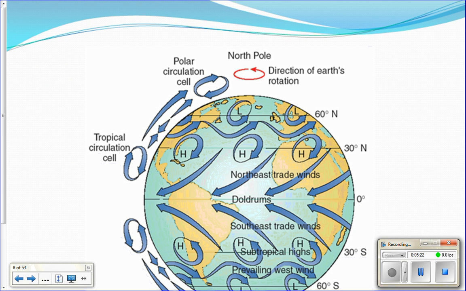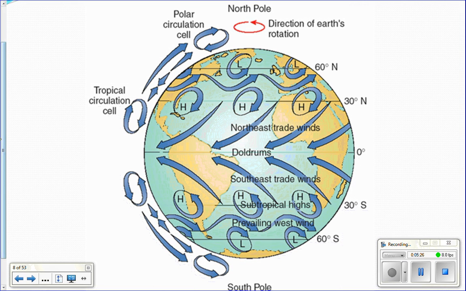This picture here is to help you see a more realistic view of what the winds look like on Earth. It's not that nice, pretty three convection currents per hemisphere. The wind patterns are actually much more complicated because of this Coriolis effect and the rotation of the Earth.